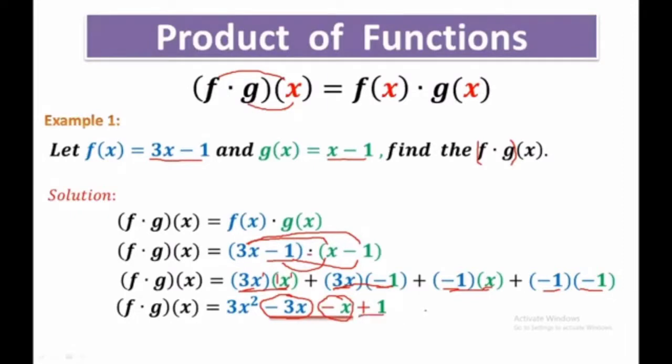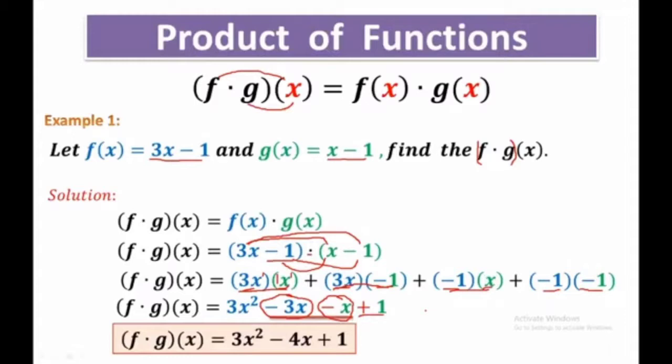Okay? So next is, let's simplify or combine like terms. We have now the 3x squared. Nakaseparate ito kasi raised to 2 ito yung first term natin. Then we have negative 3x minus x. So negative 3x and negative 1x, you have negative 4x. And the last term is positive 1.